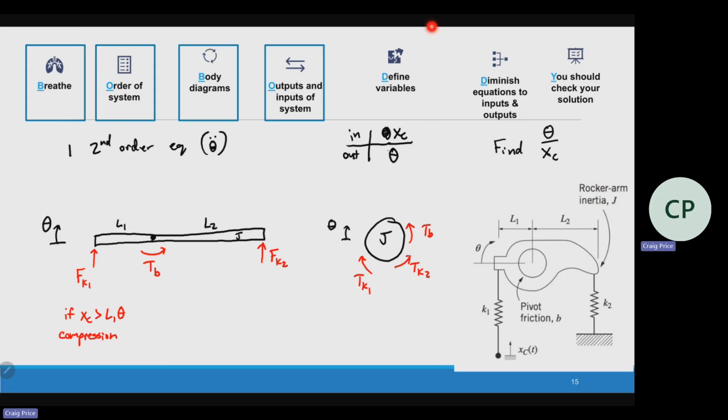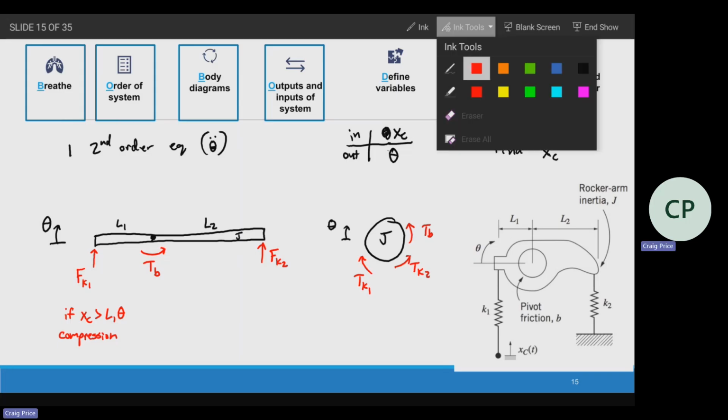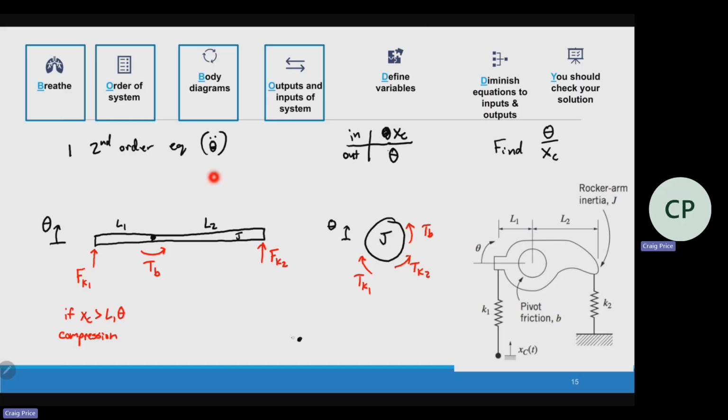Now the trouble is, what some of you are maybe figuring out is, okay, how do I define FK1? How do I define FK2? TB is pretty easy. And so what I would say is, if this is L1, this is theta, we're trying to find the distance here.